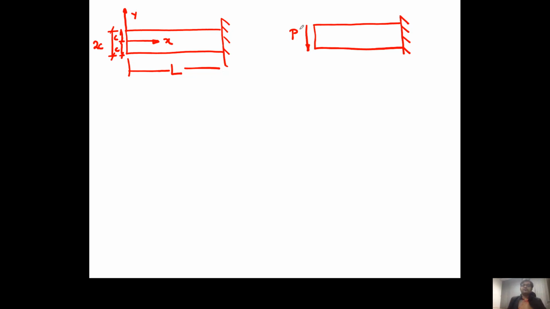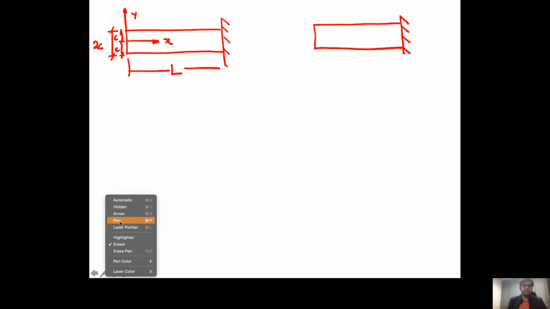Now, I'm showing it like this because this is like the average shear force acting. In the real scenario, this will not be like this. This will be something like this, like a uniform shear acting. But in that case, the problem will become too complex for Airy's stress function. So we don't consider this case.